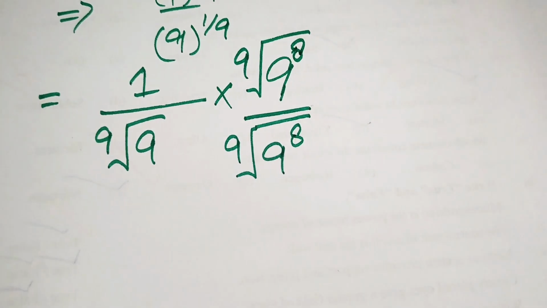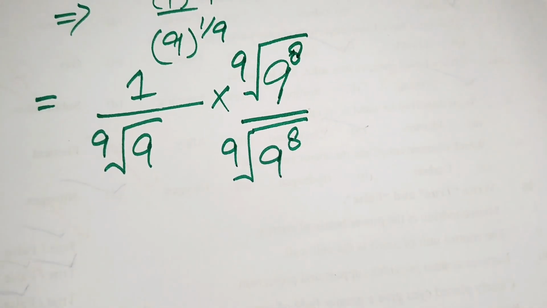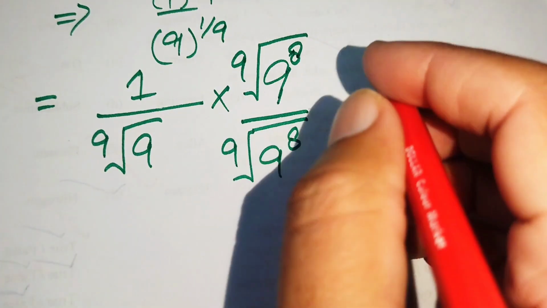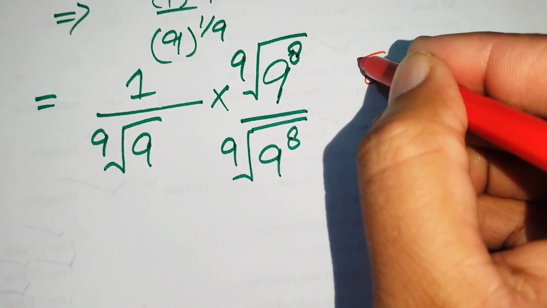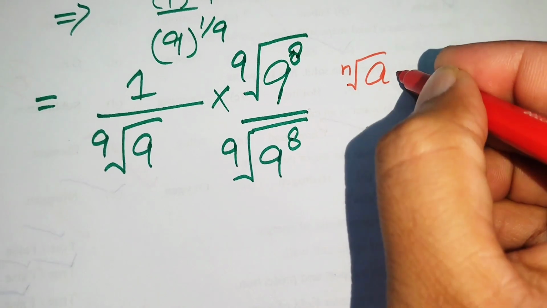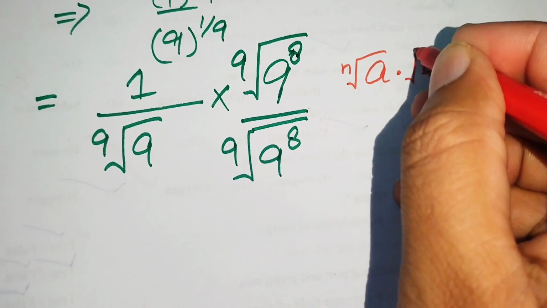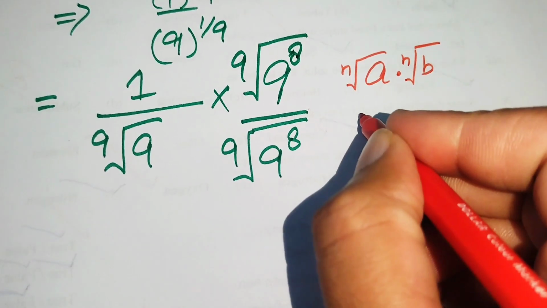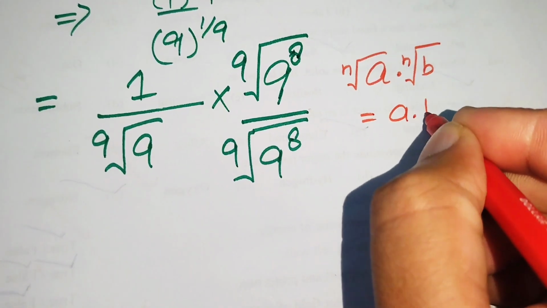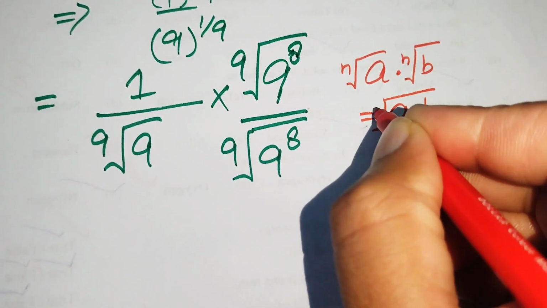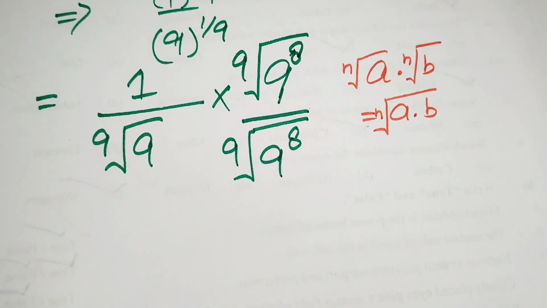And after that here we use the nice radical law, and you know about this law. If we have a and its nth root multiplied by b and its nth root, it is equal to a multiplied by b and its nth root. It means that we combine these two nth roots.